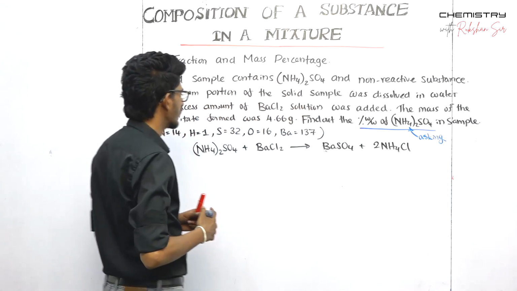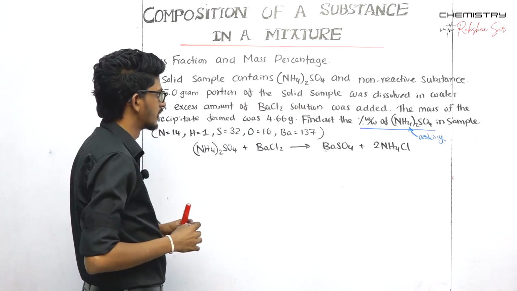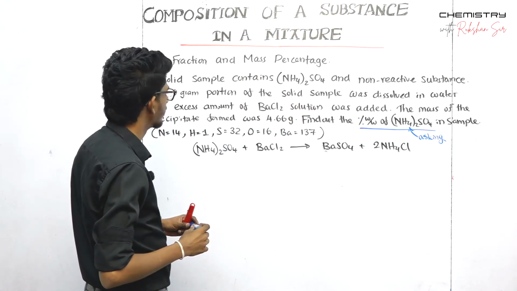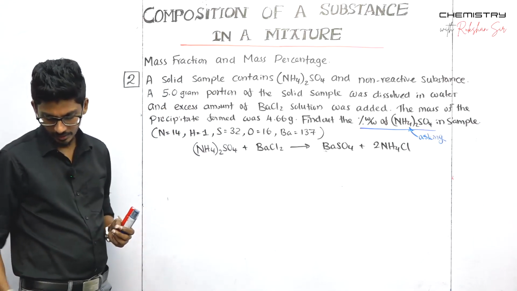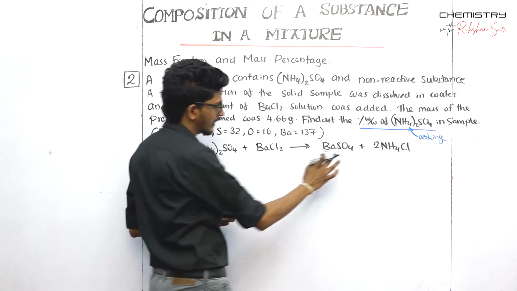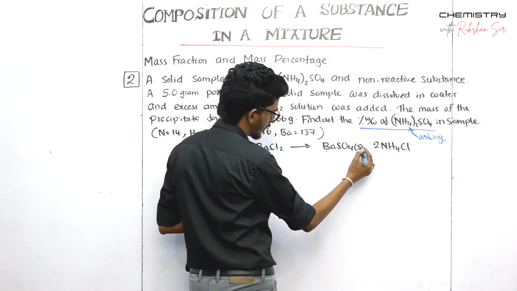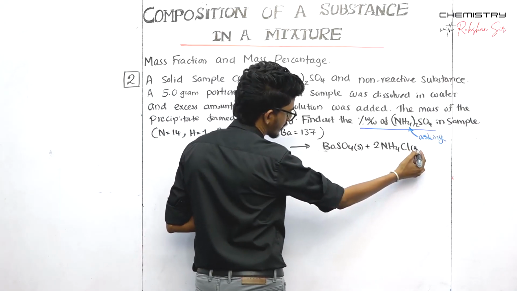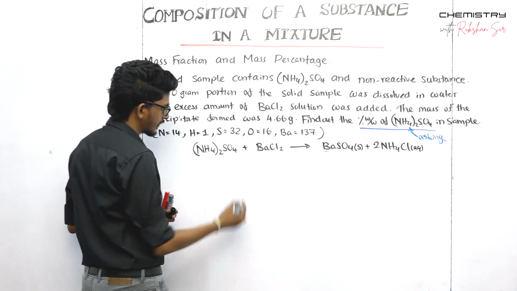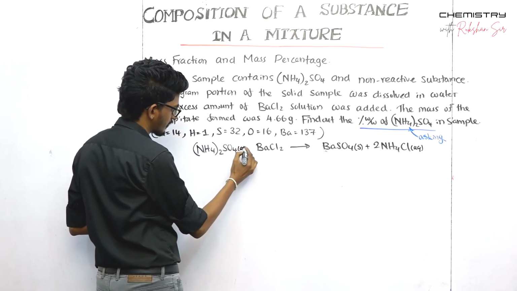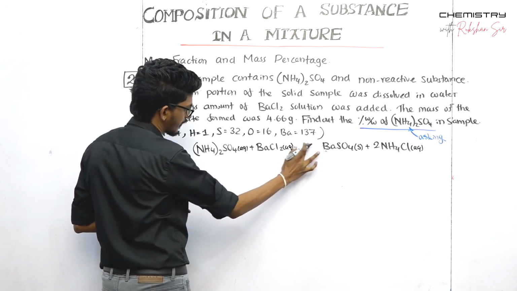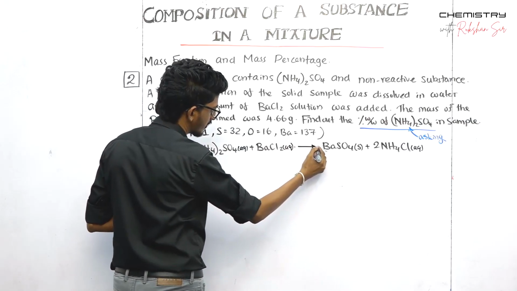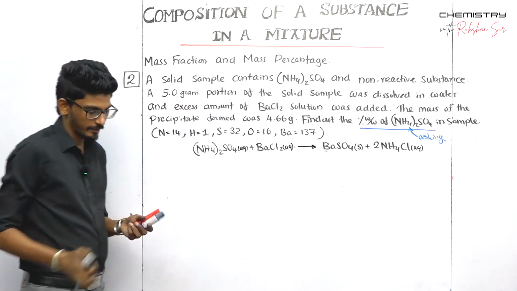The data are given. The mass of precipitate is given. In your equation, they have mentioned barium sulfate as a solid, while the others are mentioned as aqueous. The only solid appearing in your given equation is barium sulfate.